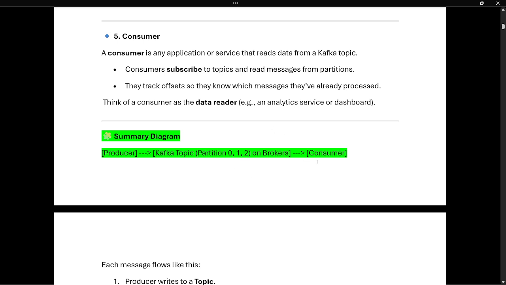A consumer consumes data from the partitions under a topic. If there are three partitions, three consumers will consume the data in parallel. There might be fewer or more consumers than partitions, so some consumers can sit idle. We'll see what a consumer group is later.